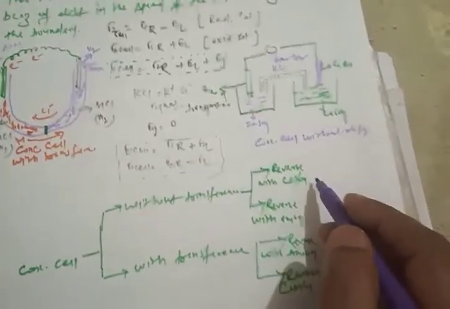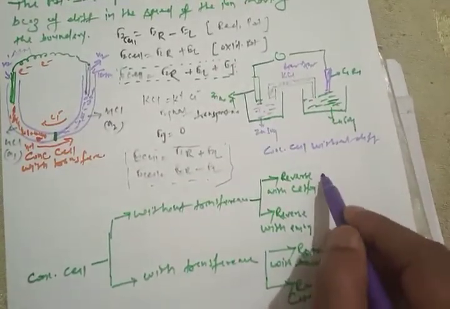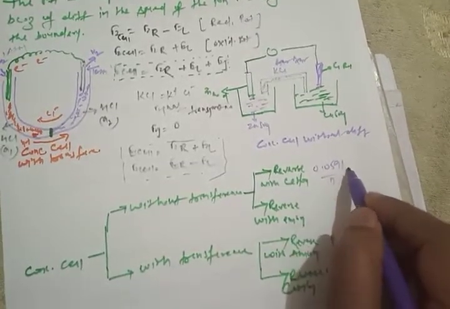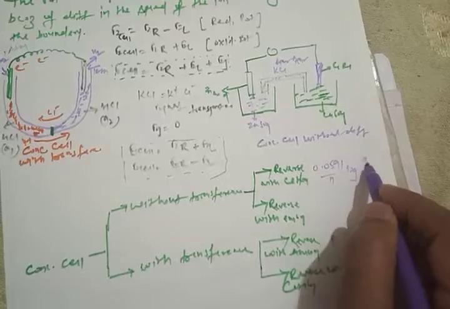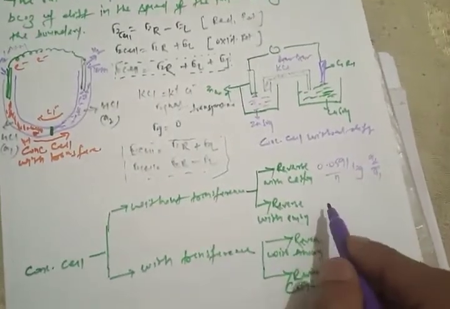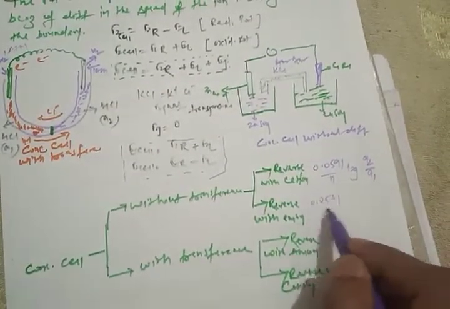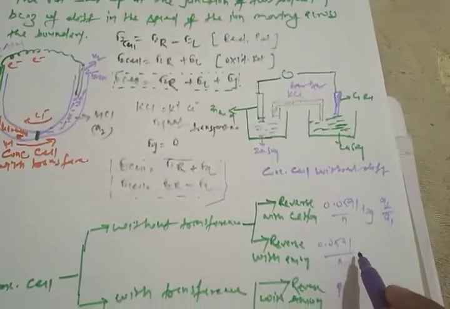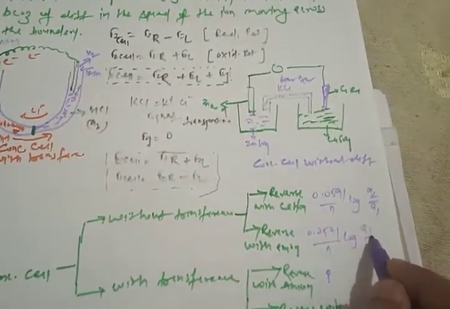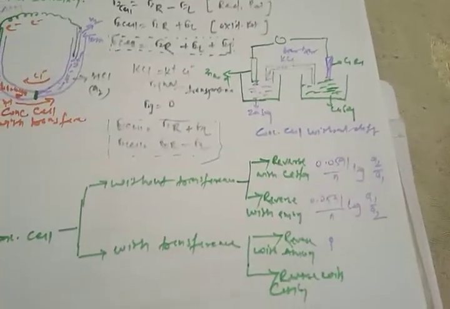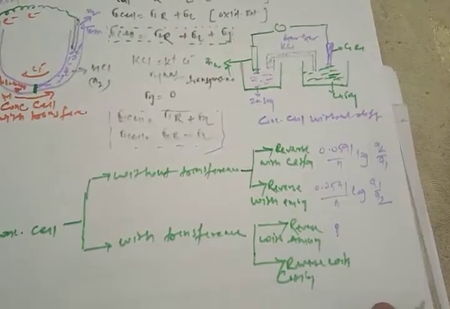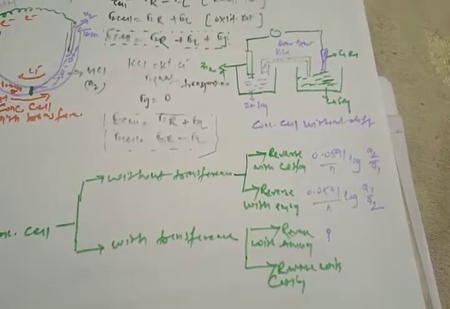So let's write this equation: 0.059 upon n log10 a2 upon a1 for without transference, and 0.059 upon n log a1 upon a2 for the other.